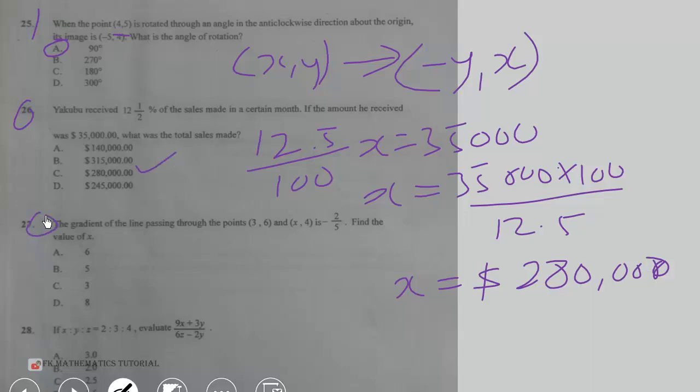Number 27. The gradient of the line passing through the points (3,6) and (x,4) is -2/5. Find the value of x. So we know that the gradient is given by y2 minus y1 over x2 minus x1, which is equal to -2/5.